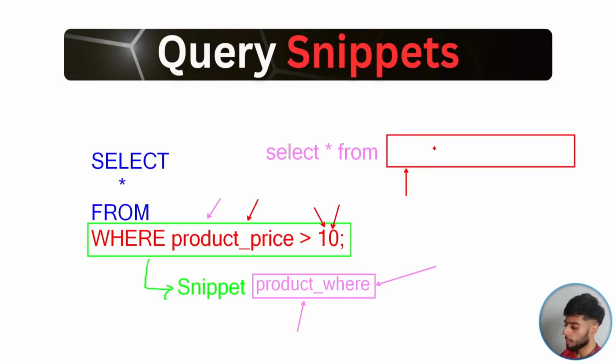For example, this will populate something like this, where price greater than placeholder. So here you will use your common sense that obviously price needs to have an amount, and this is a kind of placeholder. So you can do something like this as well.